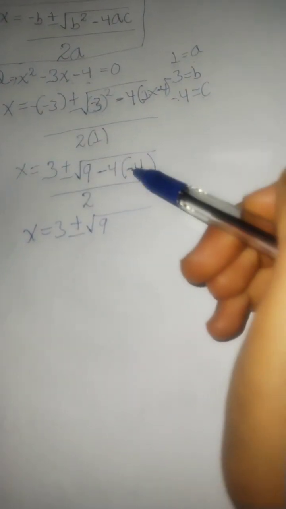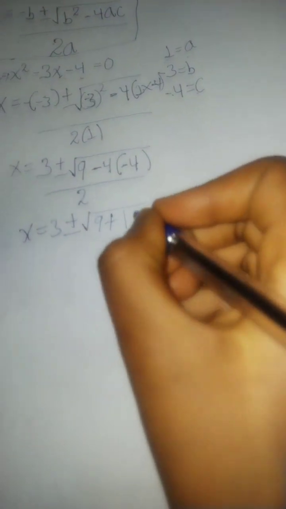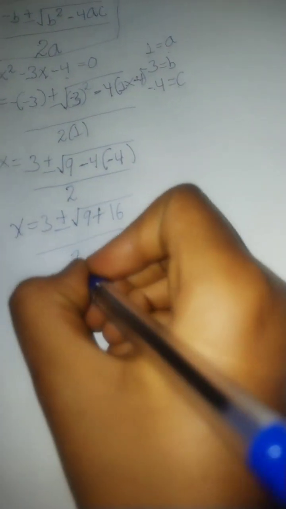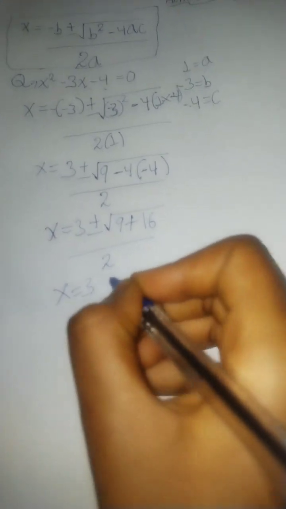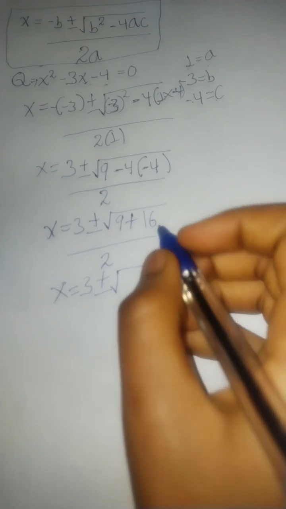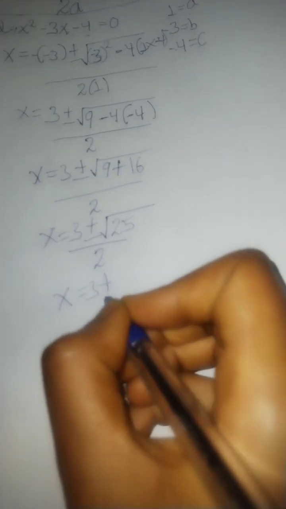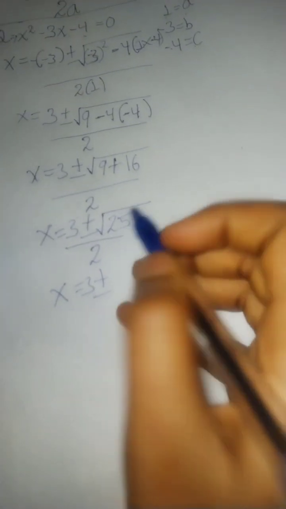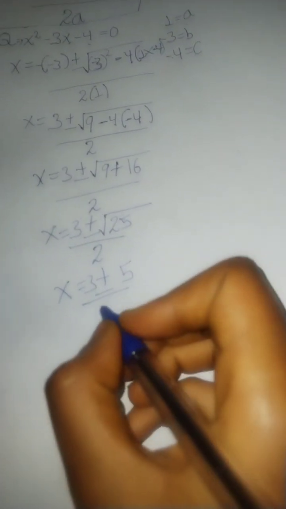Then, negative times negative gives us a positive, while 4 times 4 is 16, over 2. So x equals 3 plus or minus the radical of 9 plus 16, which is 25, over 2. So x equals 3 plus or minus 25, and getting out of the radical, this would be 5 because 5 squared gives us 25, over 2.